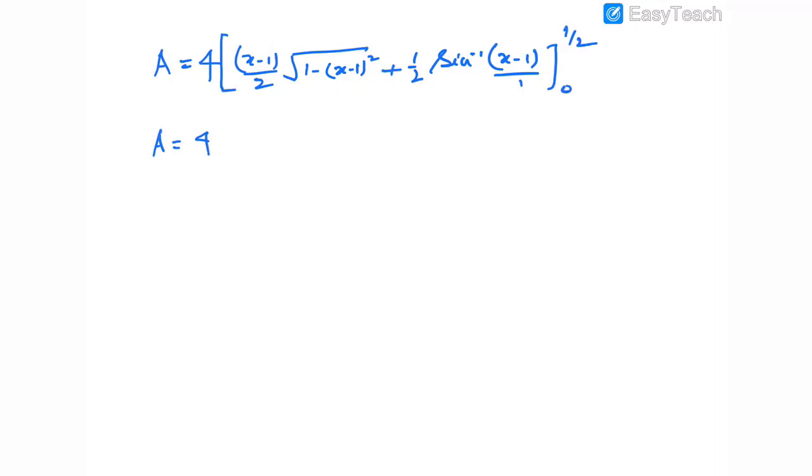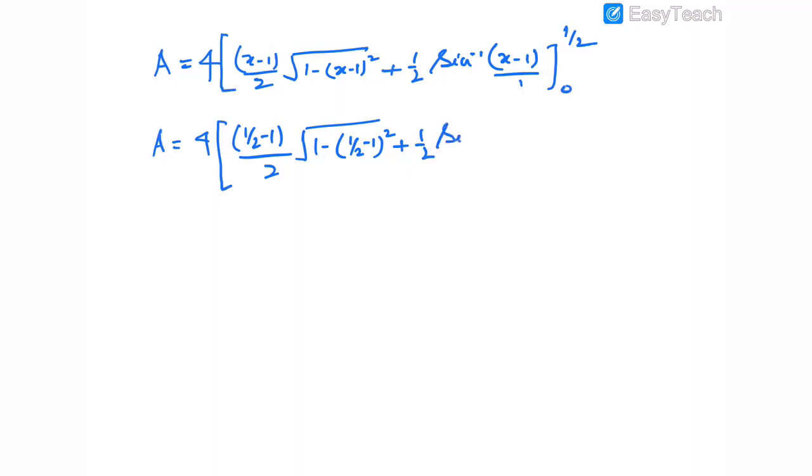Now integrating, we have A is equal to 4 times [(x minus 1) by 2 root 1 minus (x minus 1) whole square plus 1 by 2 sin inverse (x minus 1)], limit 0 to 1 by 2.